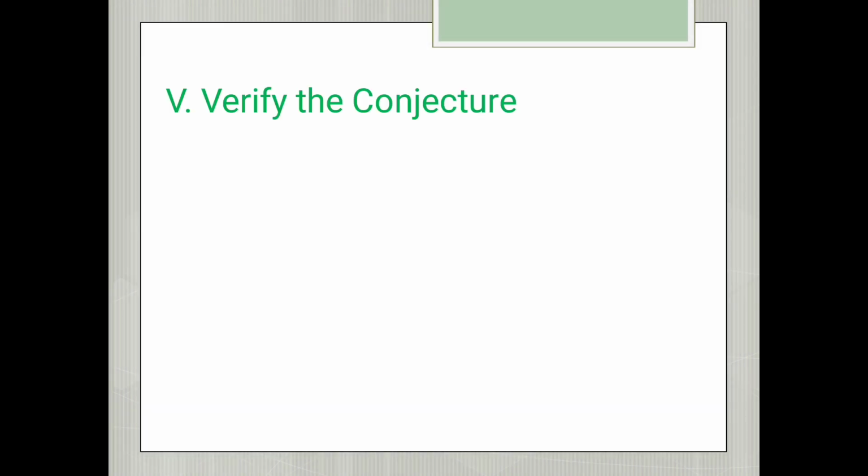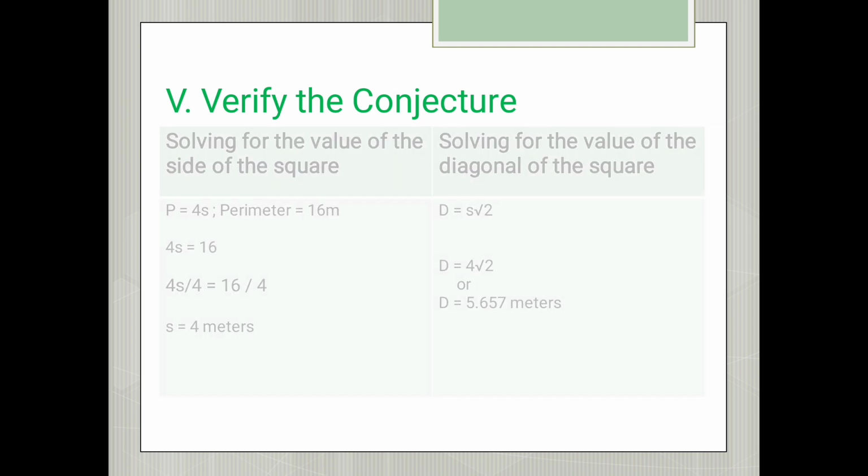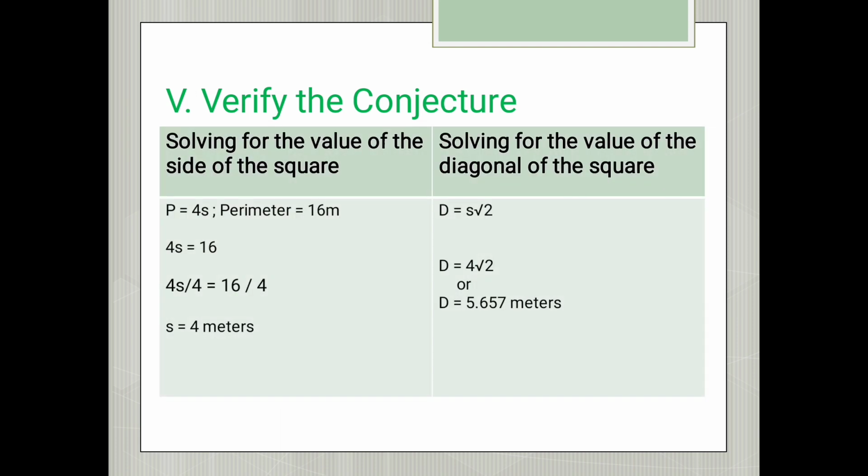Now, we will proceed to step 5, which is verify the conjecture. This will show us if the conjecture that we've made will lead us into solving the required, which is the circumference of the circle. So we start by solving for the value of the side of the square. Since the perimeter is 16 meters, we will substitute it to the formula.